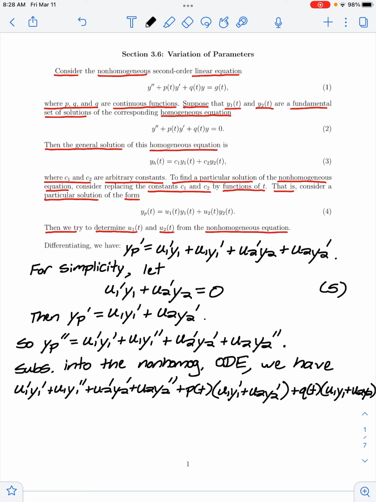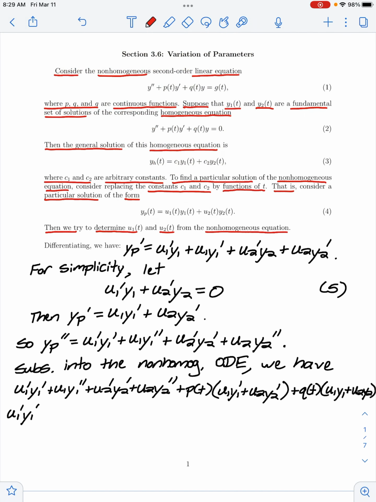So if I expand and group like terms together based on the order of the derivative of u1 and u2, let's see what we have. Now, the only term that I have involving the derivative of u1 is my first term, u1 prime y1 prime. And then let me group all of my u1 terms together.